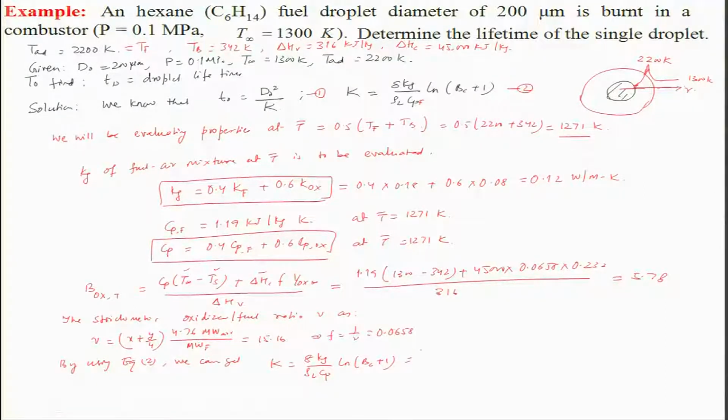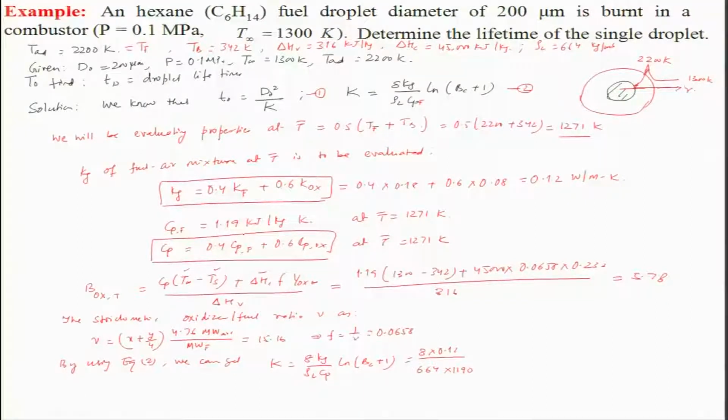So, that will be 8 into 0.12. Rho L, the density, is not given, but you will have to find it out, that is 640 kg per meter cube, right, into 1190, right.